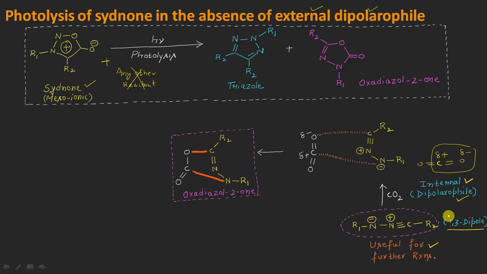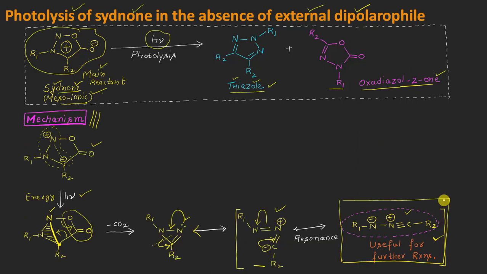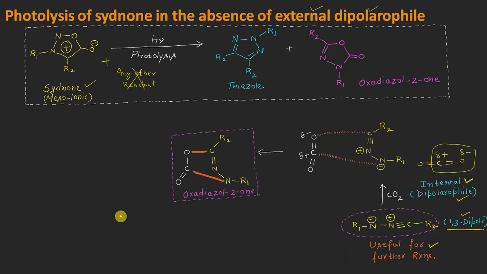dipolarophile, right? So whatever structure or the 1,3 dipole we have got here, it will now be reacting with the internal dipolarophile, which is what? Which is this CO2 molecule. You can see here it is this CO2 molecule here, right? So let me go back to our main slide in which the CO2 is acting as the internal dipolarophile.